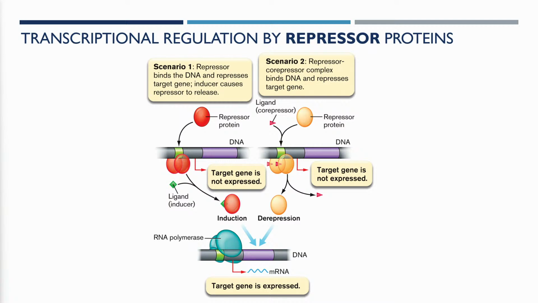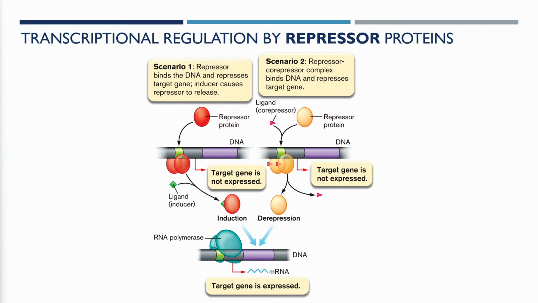So in scenario one, you needed the ligand to pop off the repressor protein and cause induction. And in scenario 2, you need the ligand to repress, so it needs to bind the repressor protein, and then removal of that ligand causes de-repression.